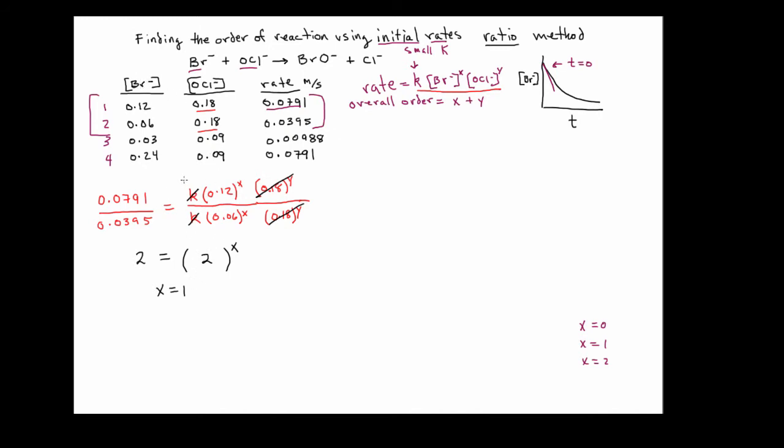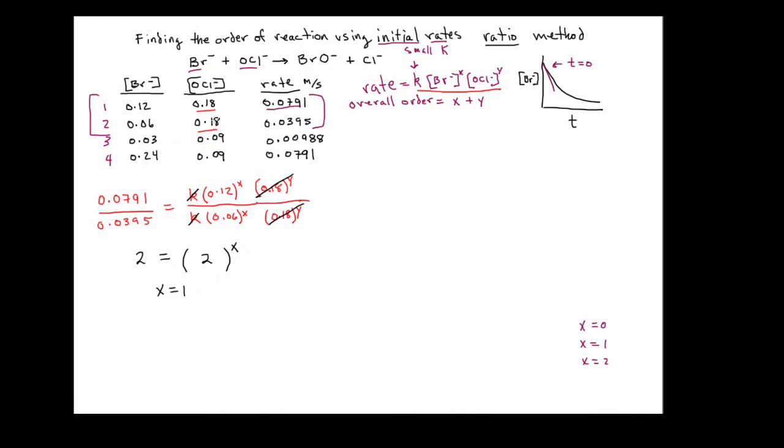So now we're going to use the same trick for the OCl minus. And when you look at this, you can see there's a bit of a dilemma, because nowhere in the Br minus initial concentrations did the experimenter hold that constant. But that doesn't matter now, because we know what the order of reaction is for Br minus.